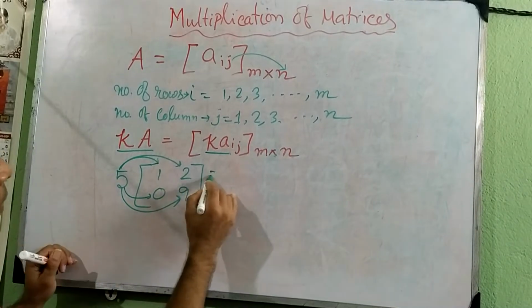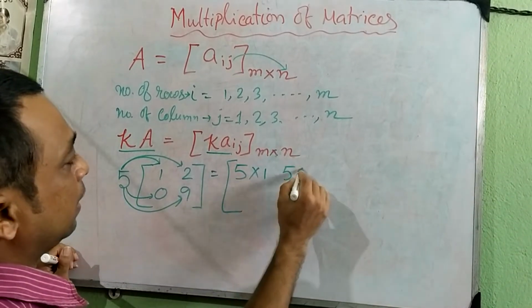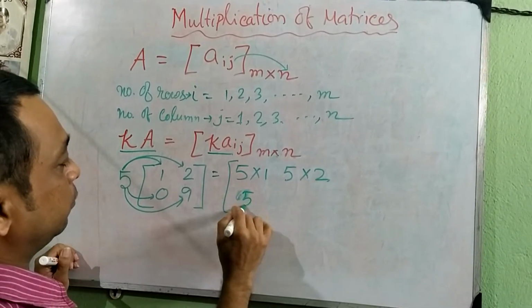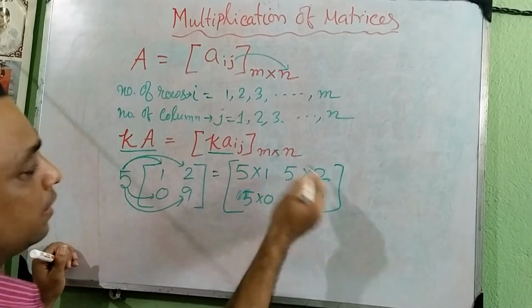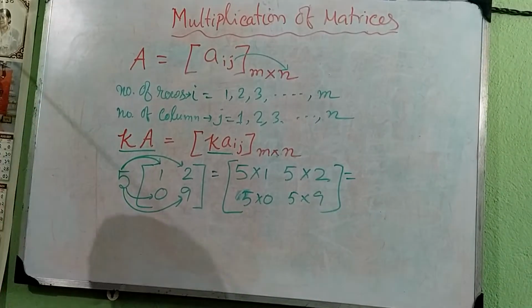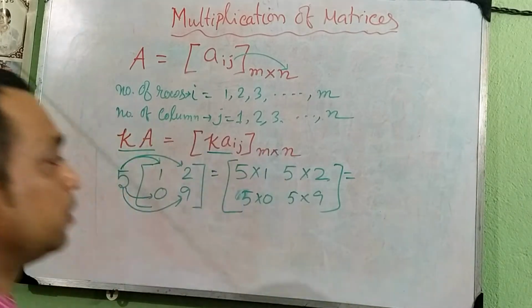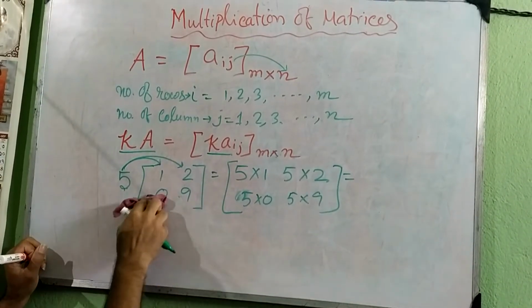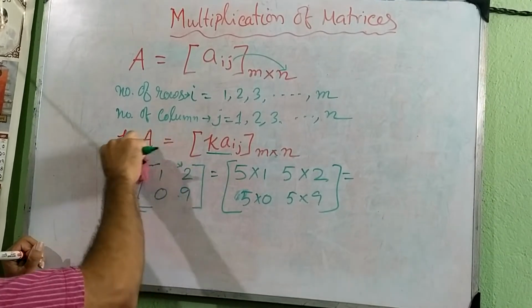That will be 5 into 1, again 5 into 2, 0, 5 into 0, 5 into 9. You can multiply later also, like 1 into 5, 2 into 5, that also can be done. You know the commutative property of multiplication exists, so you can multiply 1 with 5 or 5 with 1, both will be the same.